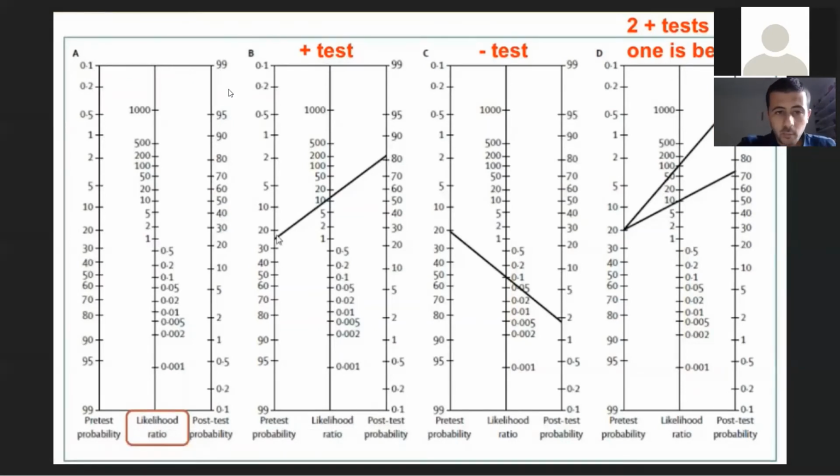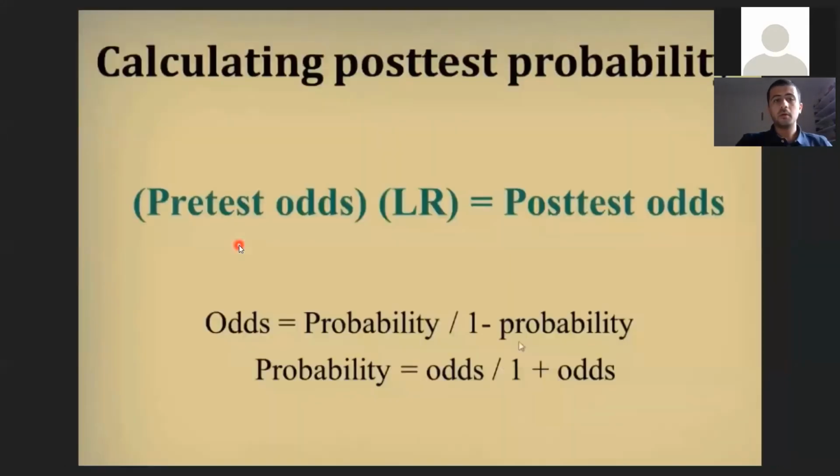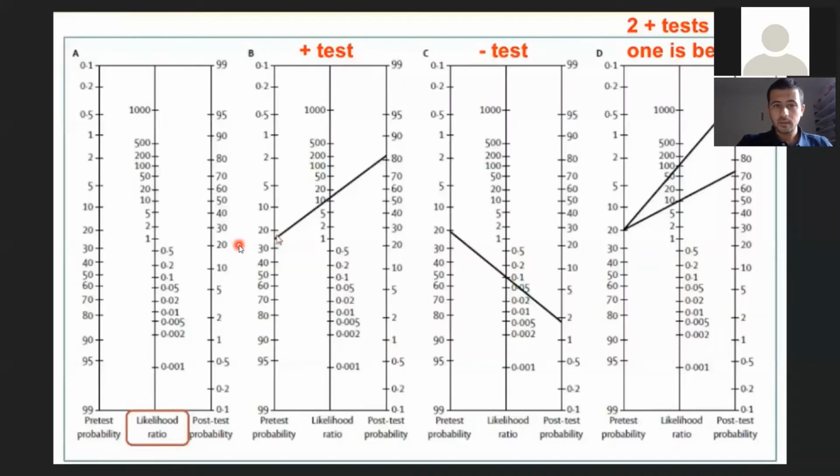Now in here I have a probability of 25%, and I received a positive test, and this positive test has a likelihood ratio of 10.